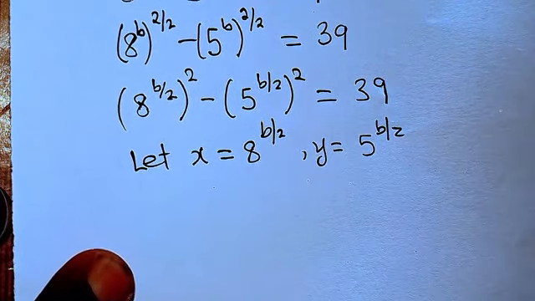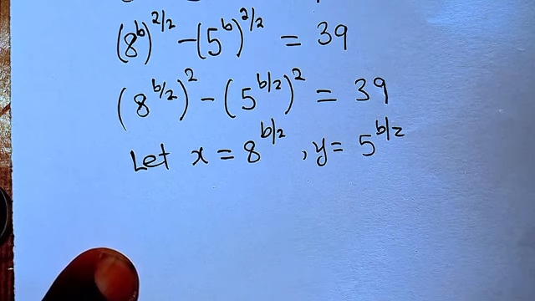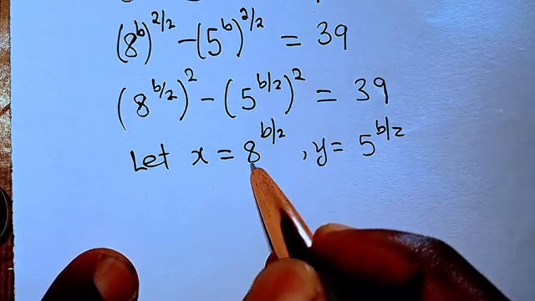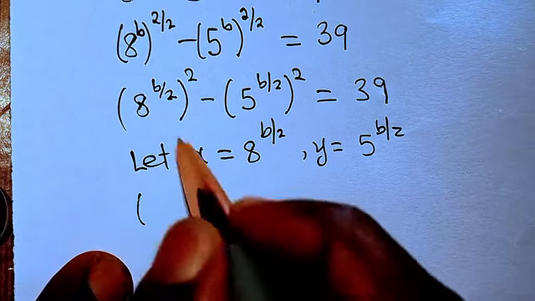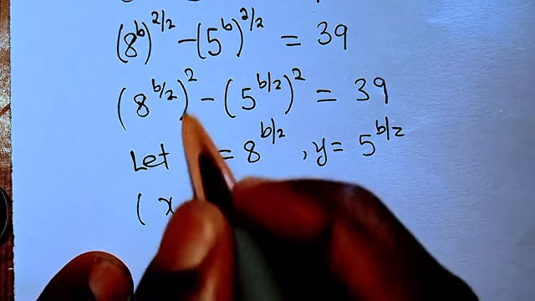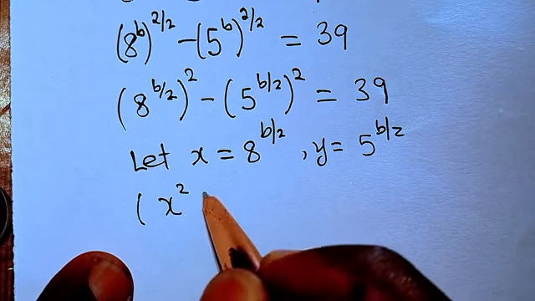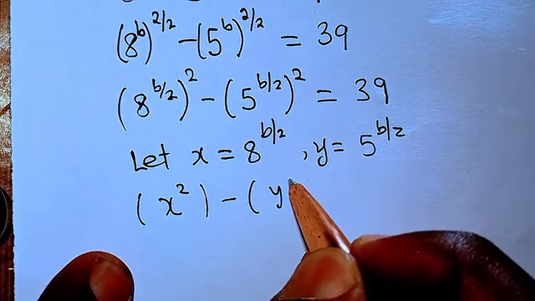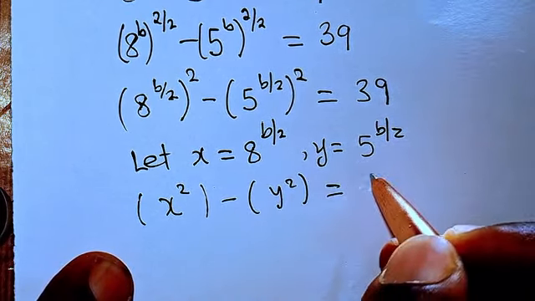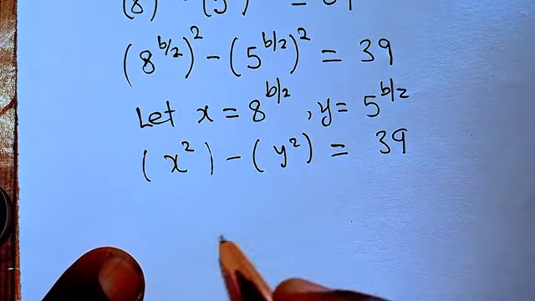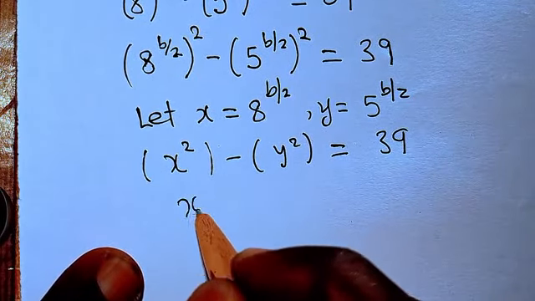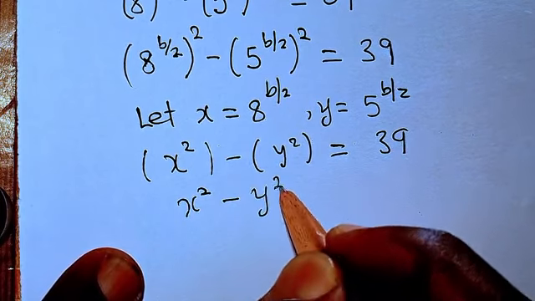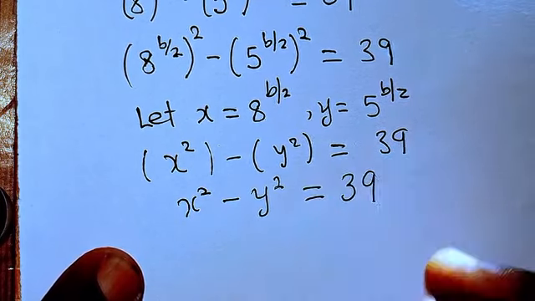So now we are going to replace, we have x to the power of 2 minus y to the power of 2 equals 39. So now let me write it clearly: x squared minus y squared equals 39.